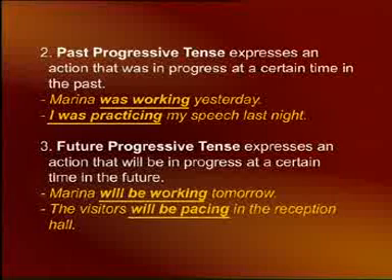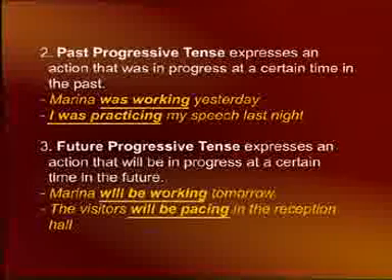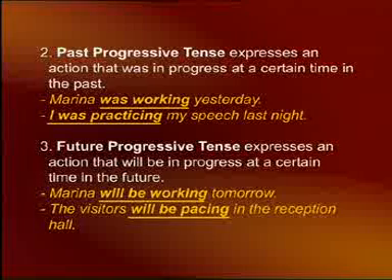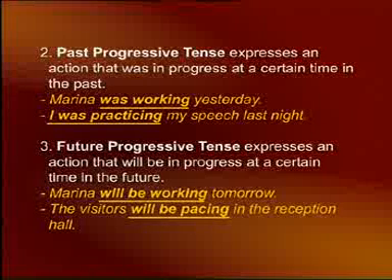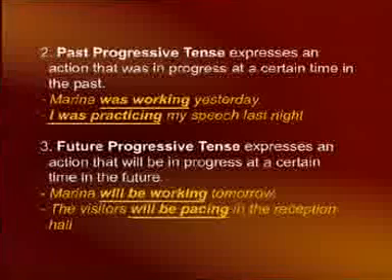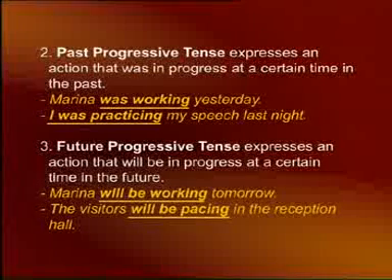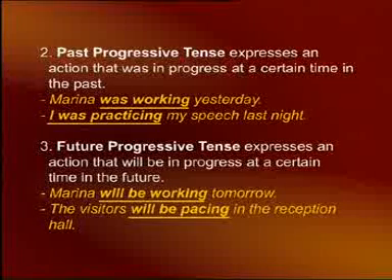And the third progressive tense is the future progressive tense, and it expresses an action that will be in progress at a certain time in the future. Example again, Marina will be working tomorrow. The visitors will be pacing in the reception hall. All expressing an action that will be in progress at a certain time in the future.